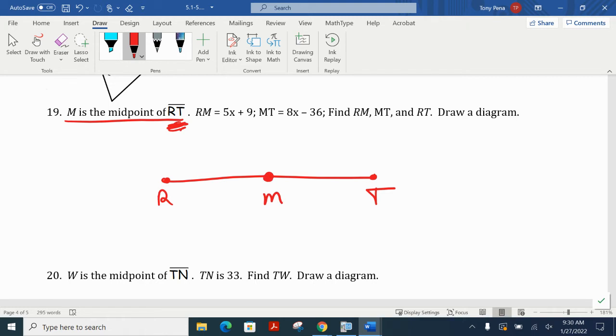As soon as you're told that it's in the middle, that means it got bisected. That means this segment here and this segment here have to be congruent to each other. Then you are told what each of those are. From R to M is 5x plus 9, and then from M to T is 8x minus 36.